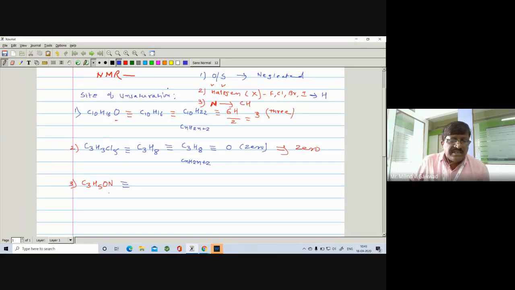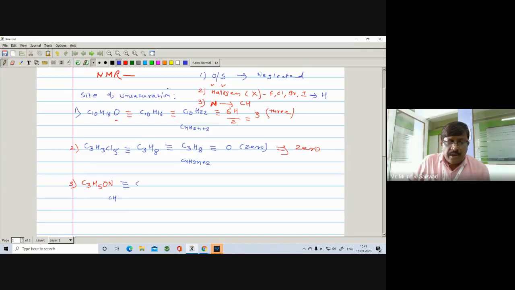Now look here, the first formula tells us that if oxygen is there, you have to remove that oxygen, means you have to omit that oxygen. Then if nitrogen is there, you have to replace nitrogen by CH.